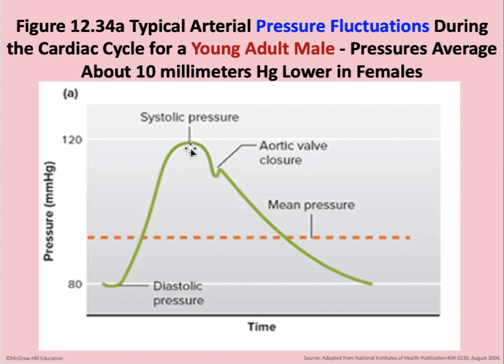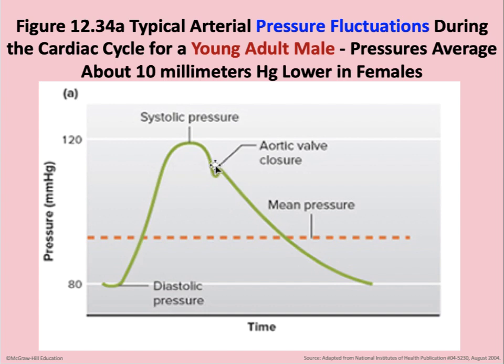Once the ventricle has stopped pushing, there is a sudden drop in pressure, but there's this little notch here, and that's the aortic valve closing, which causes this slight rebound as the valve takes up slack.